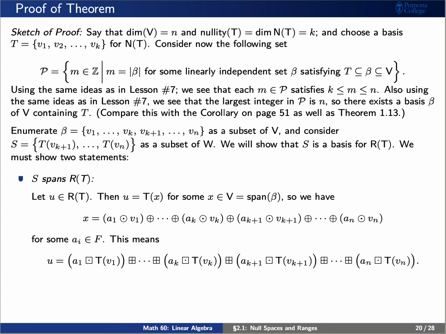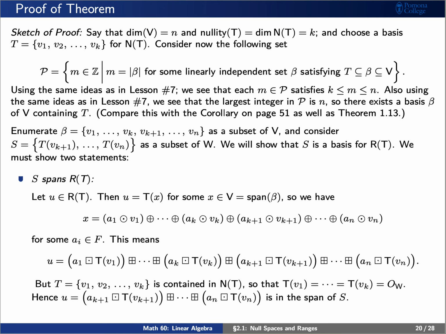So let's express our x as a linear combination of the elements from beta. We can now apply T, and recalling that T is a linear transformation, it preserves linear combinations. We'll have a linear combination now of the vectors T of v1 through T of vn. However, remember that the way we've set up all of this, v1 through vk is a basis for the null space.